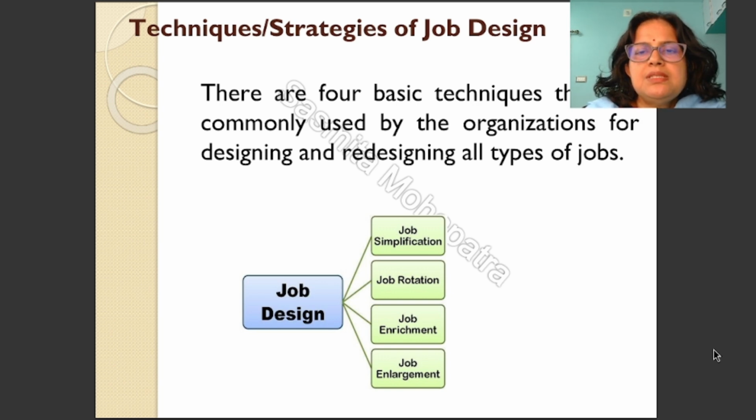Job simplification means dividing the job into small parts or subparts. Job rotation is where the employee is given a new task or responsibilities within the same group of workers. Job enrichment is the vertical expansion of responsibilities or duties. Job enlargement is the horizontal expansion of the responsibilities of the employees.